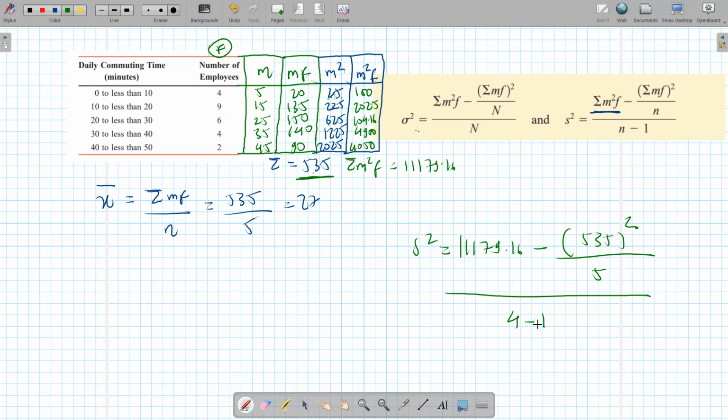I got a negative number, which is not possible. Something went wrong. Let me see. Did I add them up right? 11179.16 minus 535 squared.